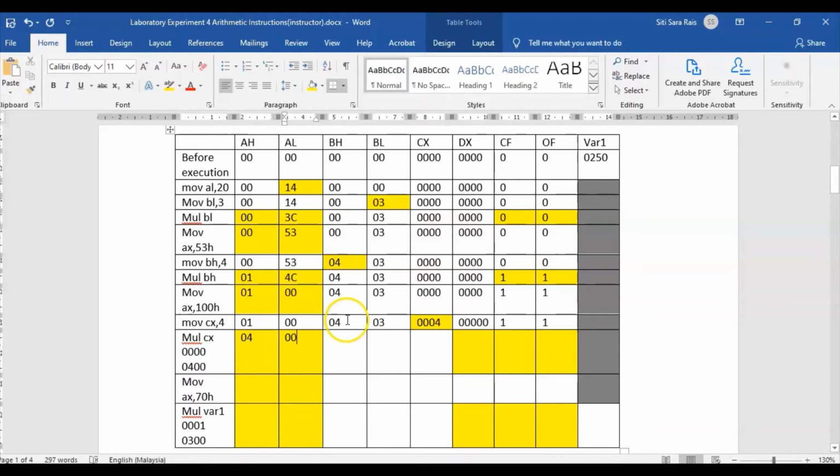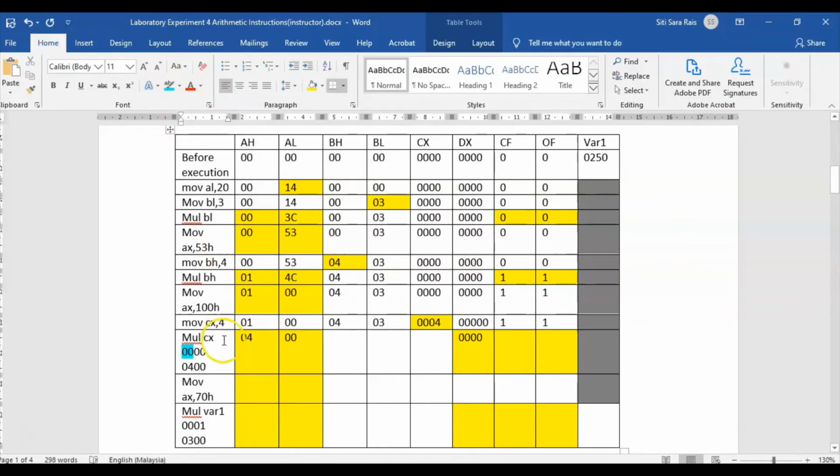Don't forget the value must start with the X. So 0000 and then 0400. This is the value of the multiplication. Then look at the CF and OF; we have to refer to the higher value.